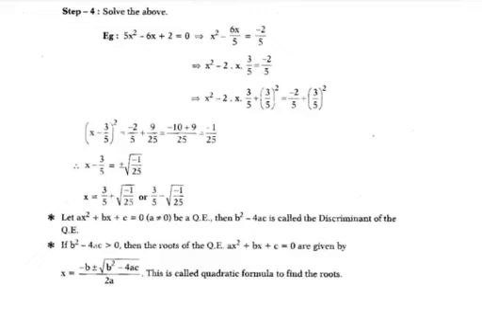5x square minus 6x plus 2 equals 0. Here x square minus 6x by 5 equals minus 2 by 5, and x square minus 2 into x into 3 by 5 equals minus 2 by 5, and 3 by 5 is b.